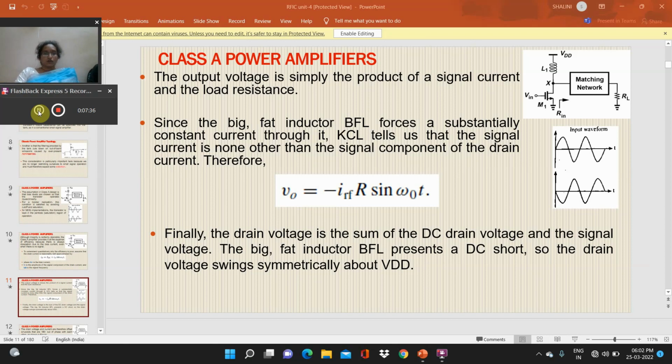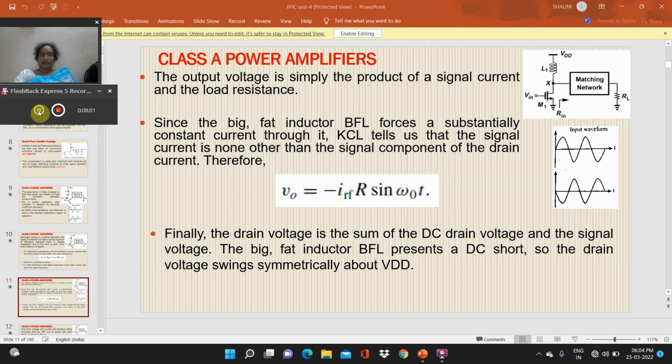Finally, the drain voltage is the sum of the DC drain voltage and the signal voltage.